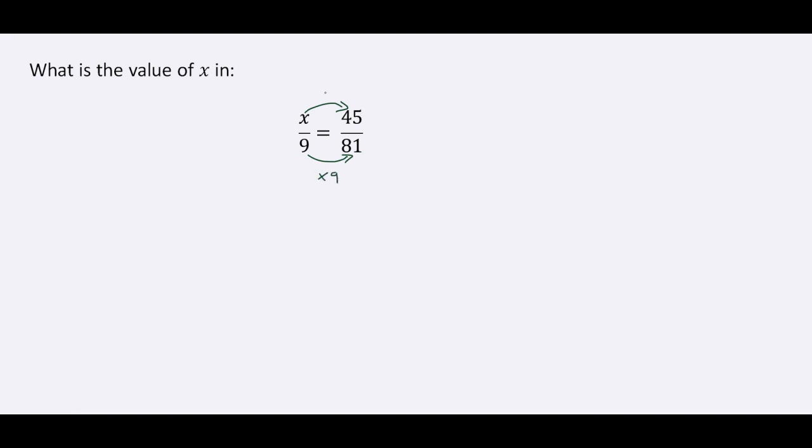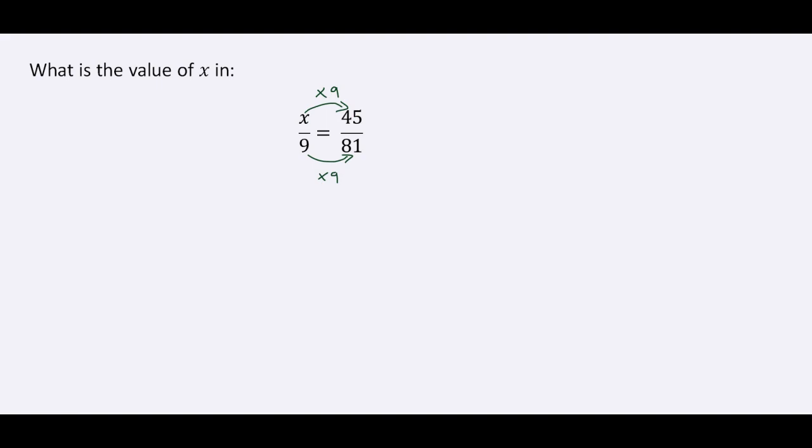Actually, we're multiplying by 9. Let's correct that. So we're multiplying this by 9. So now to go from 45 to x, we have to divide by 9.